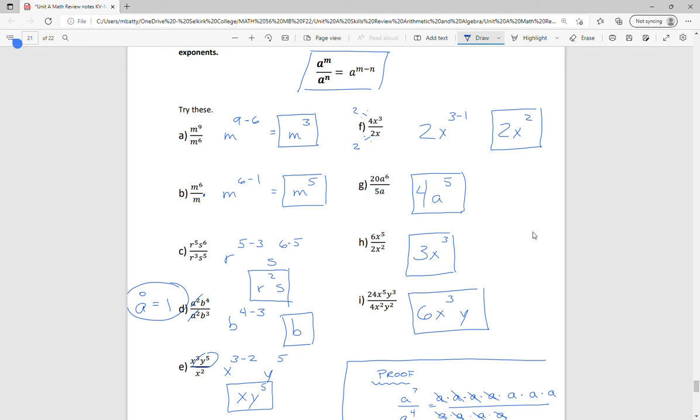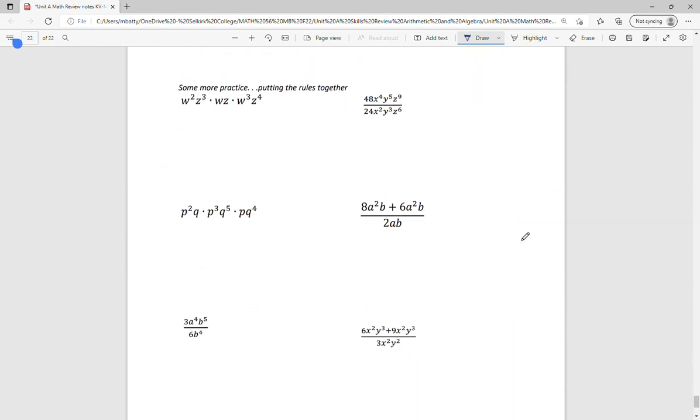So one last page, we're going to try and put together this adding and subtracting and the multiplying and dividing together in one. So sometimes when you mix up the rules, things get tricky. Remembering in adding and subtracting, you combine like terms.